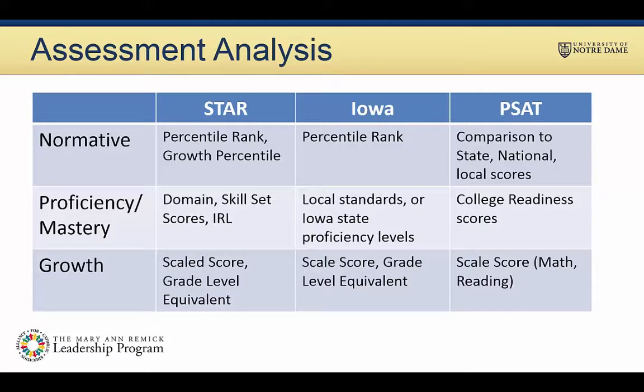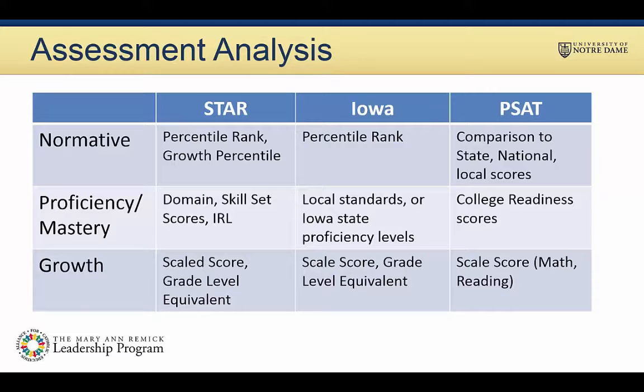There's the reading level score. And the Iowa assessment does not have a proficiency or mastery per se built into the analysis, but there may be in your local diocese, and if not, the Iowa State has proficiency levels associated with certain scale scores.